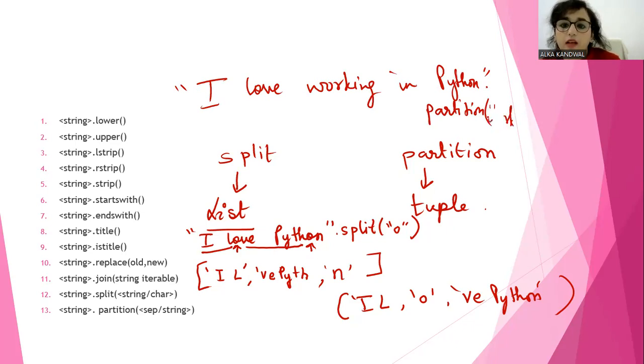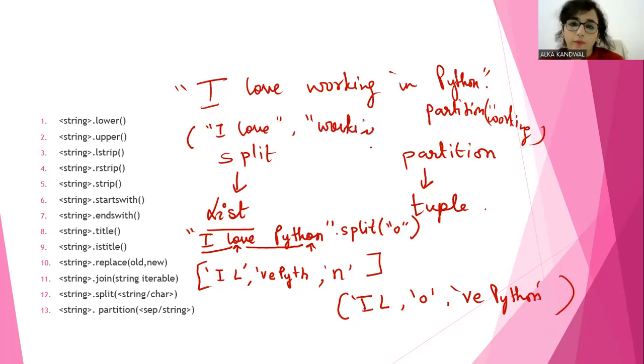Are you understanding? अब मैंने क्या किया, अब हमारा टप्पल कैसा आएगा, आउटपुट क्या आएगा, एक टप्पल आएगा जहां पे आई लव आएगा पहले, जो बीच वाला है वो वर्किंग होगा, एंड देन द थर्ड वन इट इज योर इन पाइथन. इज इट फाइन? इन पाइथन, आई लव वर्किंग इन पाइथन.